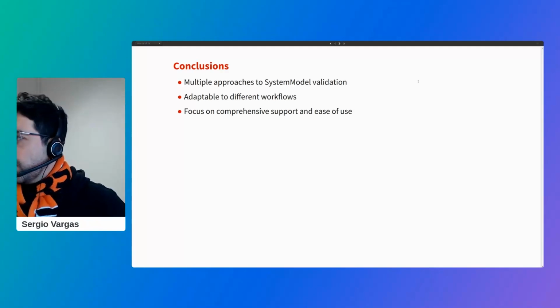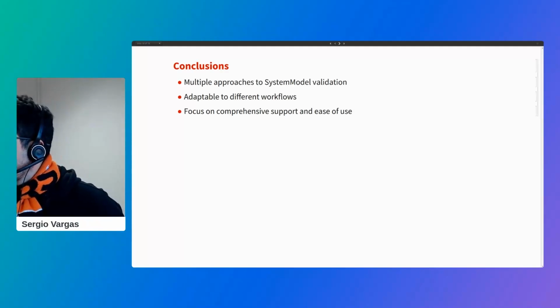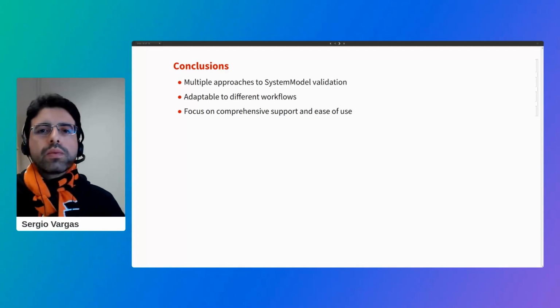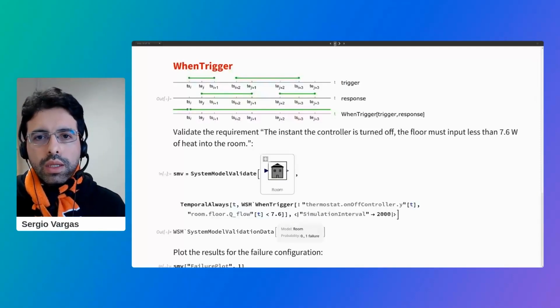Let me see if there are any questions. It says here, can you create a trigger using the temporal functions that will be incorporated into an open electric switch, for example? Yeah, because I don't see why not. For sure. We definitely want to cover the field of electronics.